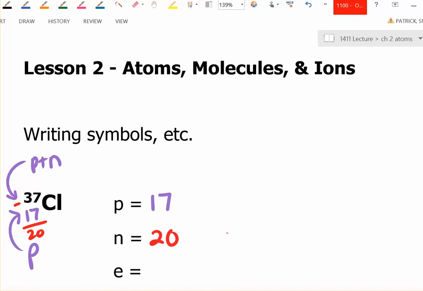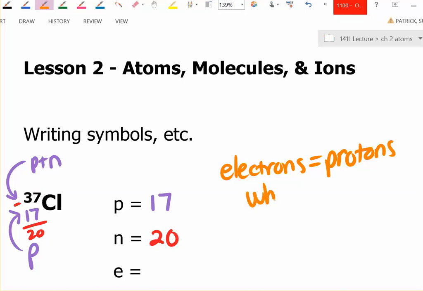And then lastly, electrons are the same as protons when it's a neutral atom.